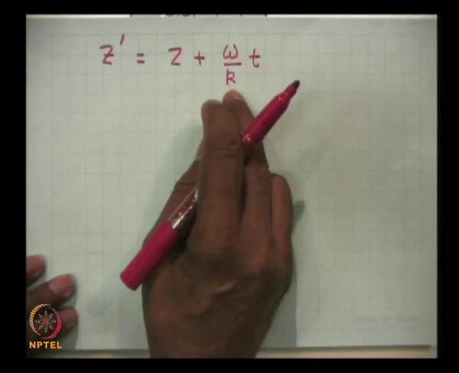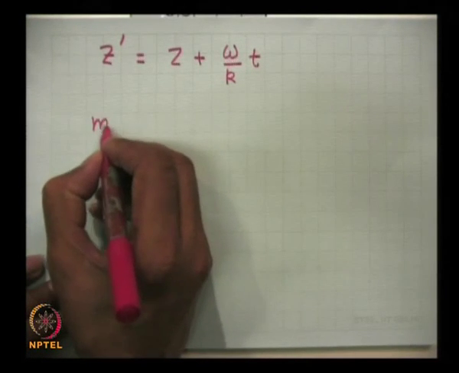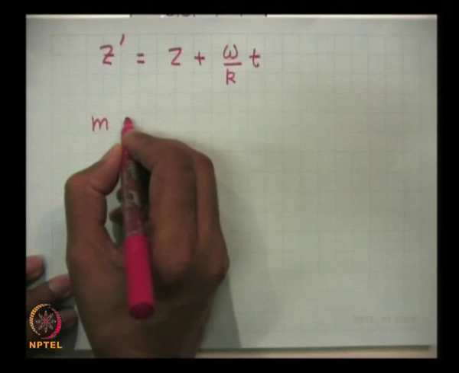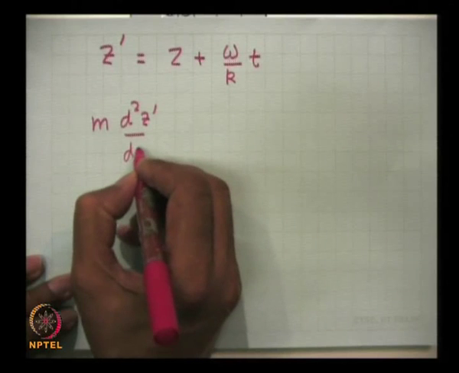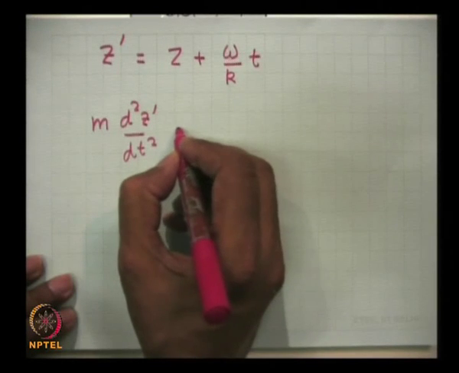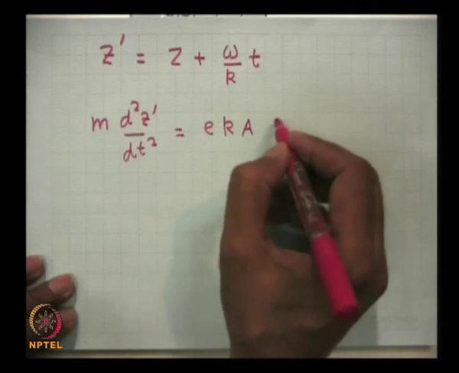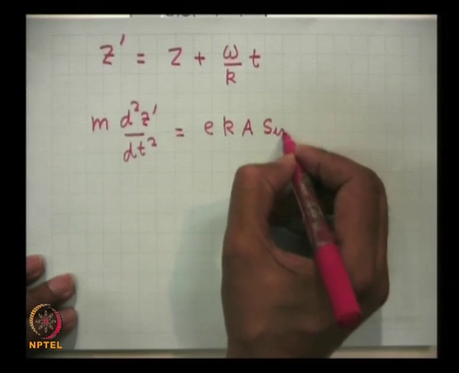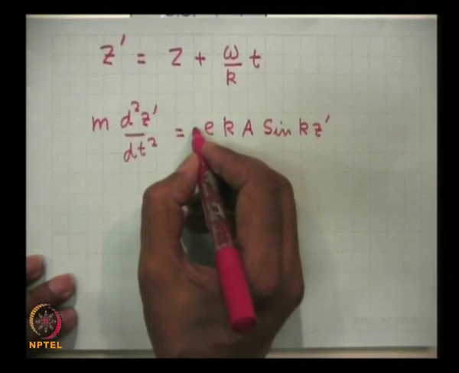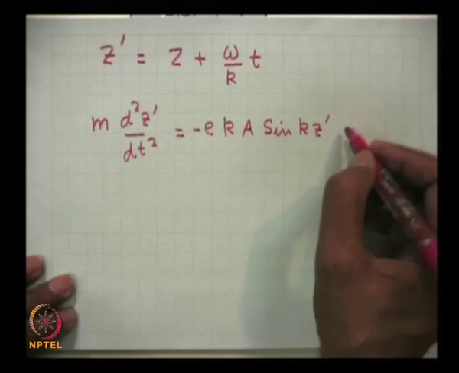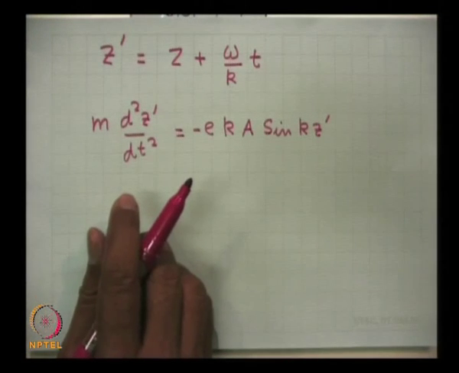When I substitute this in that equation, my equation becomes m d2 z prime dt square is equal to E k a sine k z prime, with a negative sign here. This is the equation that I get.